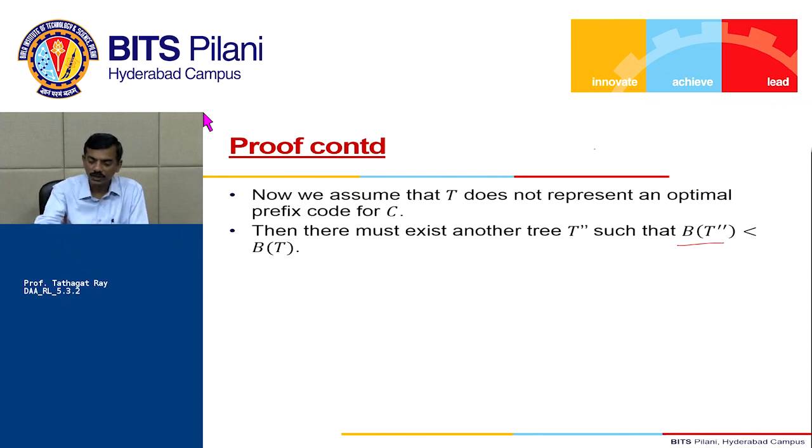So we started with T prime, and from there we got T by replacing this z with two children x and y.